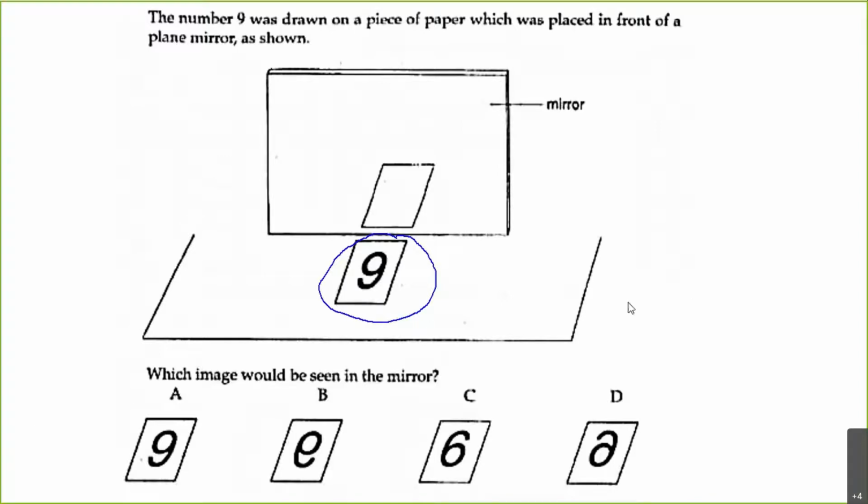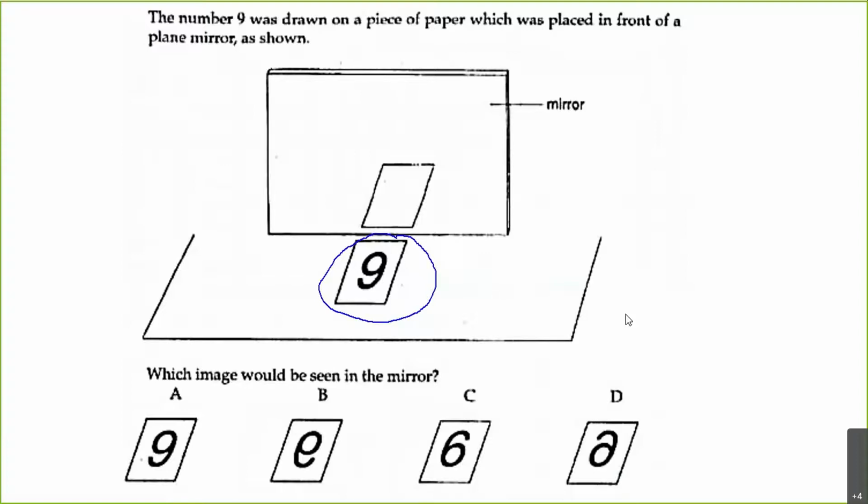Okay, now go find a mirror and hold that piece of paper up to the mirror exactly as it is in the picture, the mirror straight up and your paper like this. And then draw on the other side of the paper what the image looks like. So draw right next to it what the image of the number 9 looks like in the mirror.